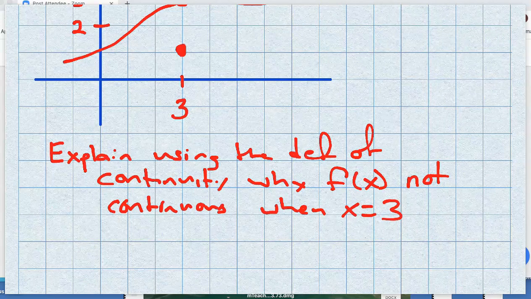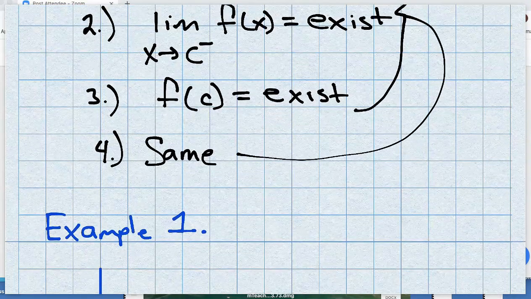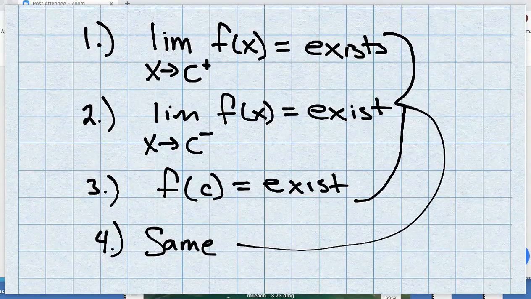So that's what they'd be asking you to do. That's where you have to go back and have these notes. So, what does this look like? Those four things have to exist, and they all have to be the same. So those top three things have to exist, and they all have to be the same.